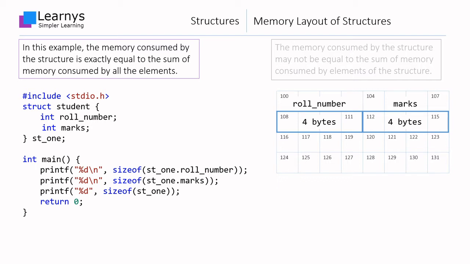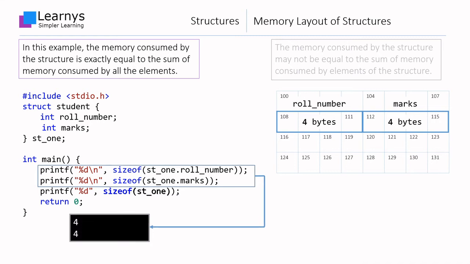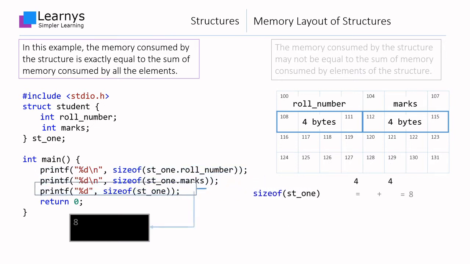The sizeof operator on roll number and marks gives 4 bytes each because they are integer data types, and sizeof when applied over the structure type variable gives 8 bytes, which is the sum of two integer data types, roll number and marks.